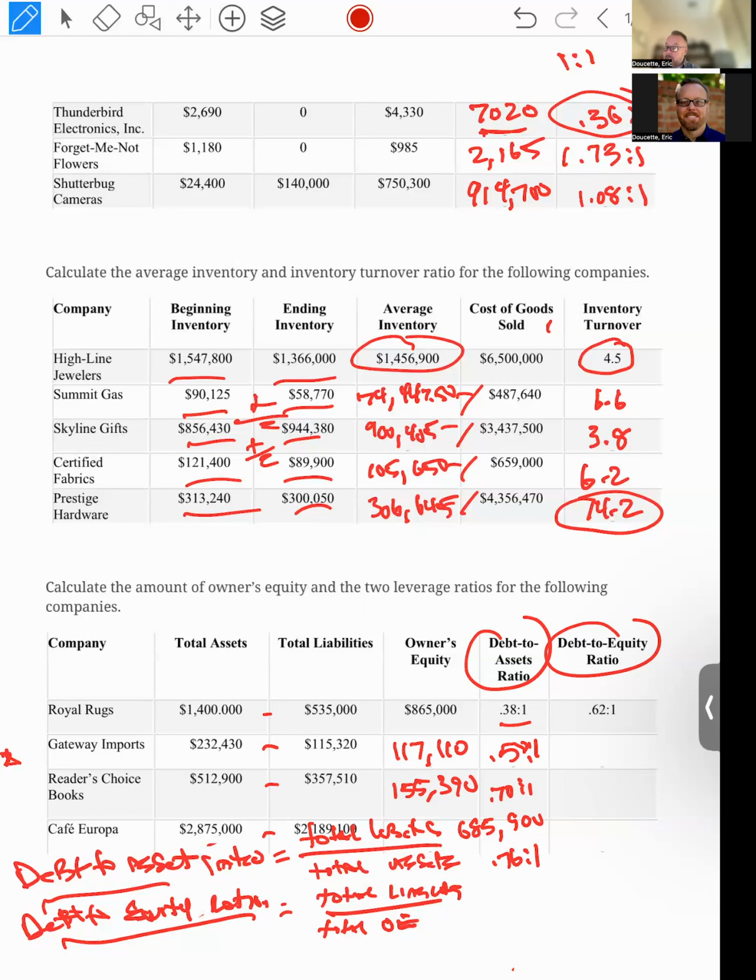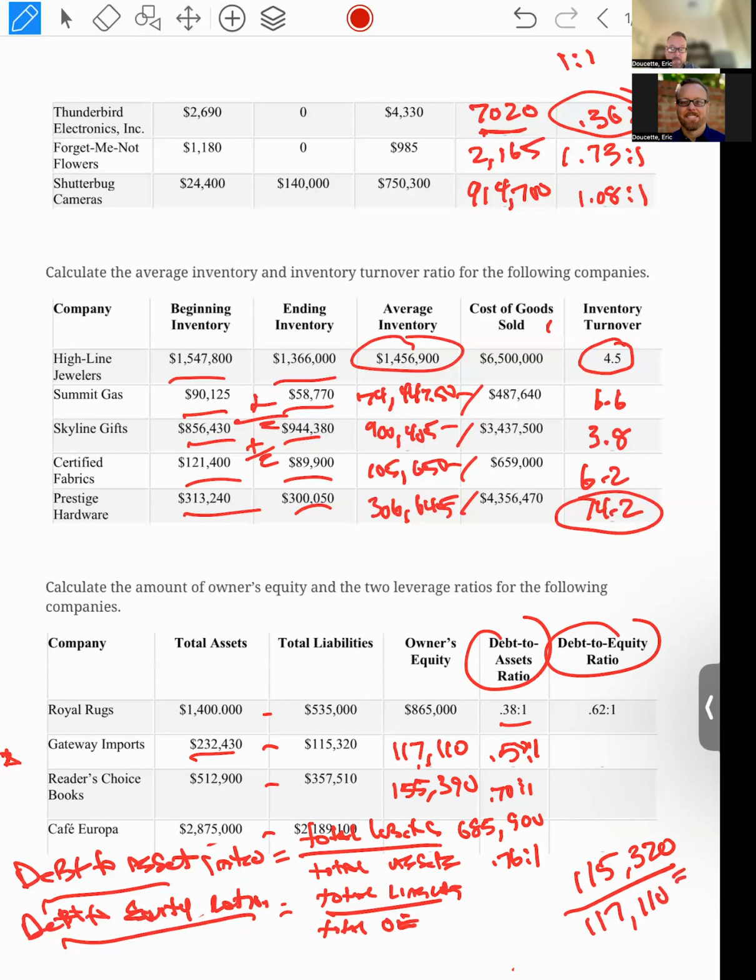And then again, the debt to equity is the same thing, except I'm going to be using the owner's equity instead of the total assets. So for Gateway, instead of dividing by the 232,000, sorry, I did it wrong. My total liabilities is 115,320, and I would divide it by my owner's equity, 117,110.